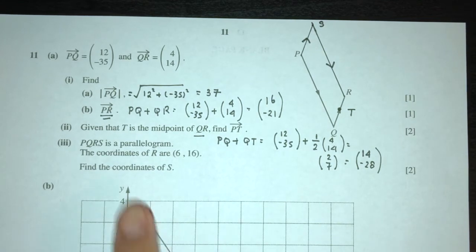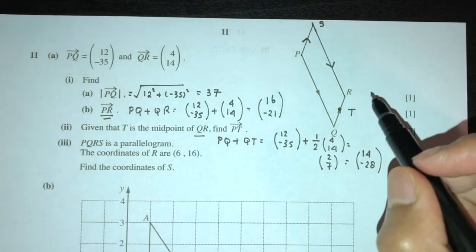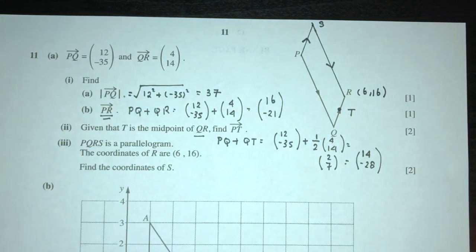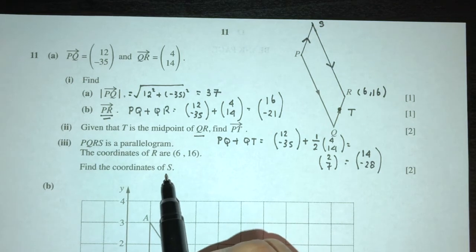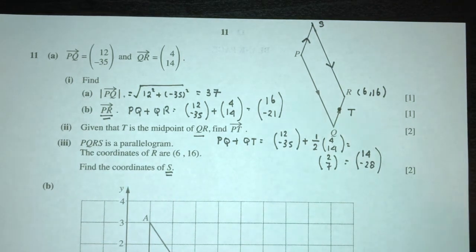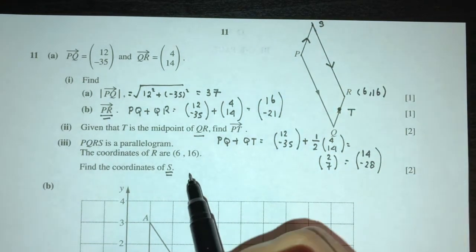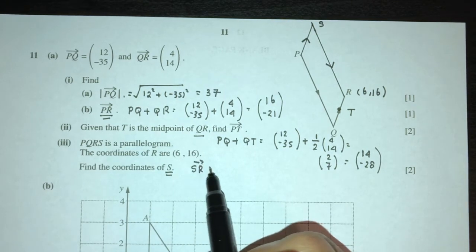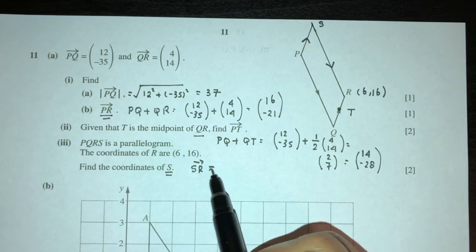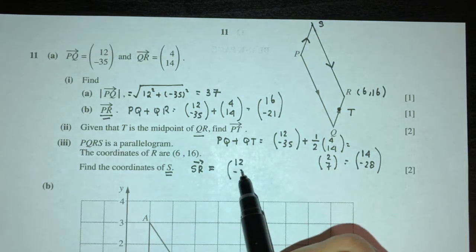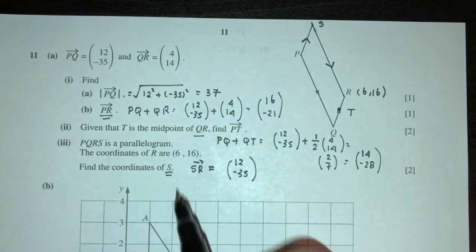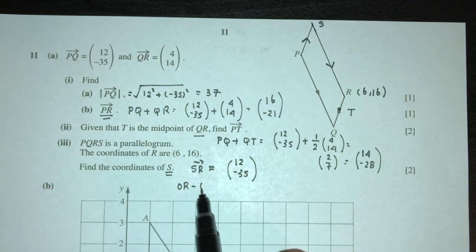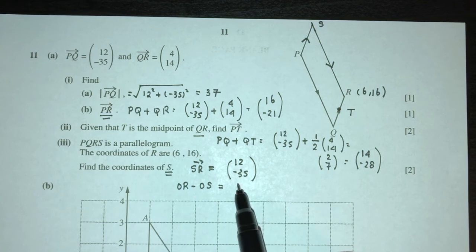So we know that the point R has coordinates (6, 16). We have to find the coordinates of S. So we have to use the fact that these two are parallel, which means if you find SR, it has to be in the same direction as PQ. PQ we know already is (12, -35). So this is defined by OR minus OS equal to this value.